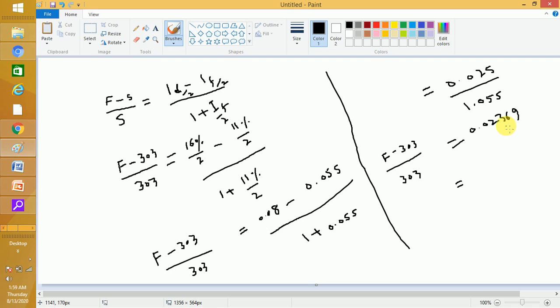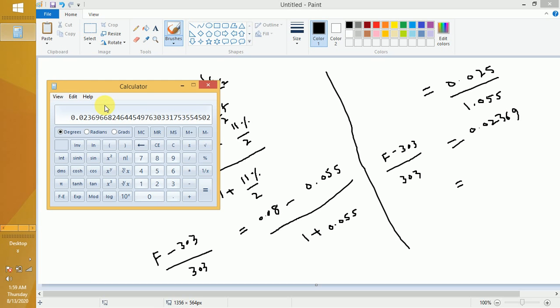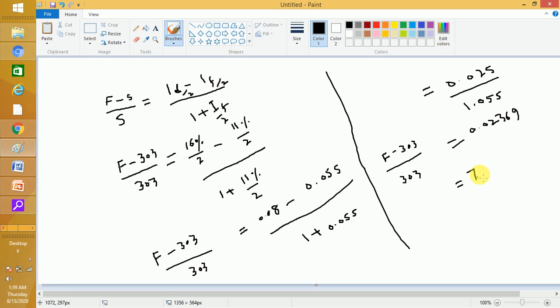So this factor will be multiplied by 303. Simple mathematics. So it will come to 7.1800.